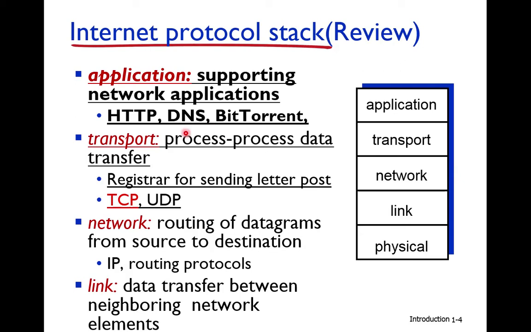The transport layer's functionality is to transfer the data from process to process. At the transport layer we have 2 protocols currently used in practice, that is TCP and UDP. We have discussed the UDP and now we are going to discuss the TCP protocol.